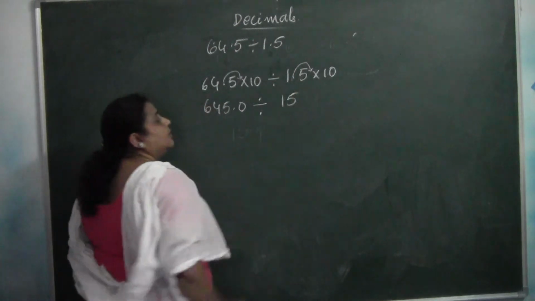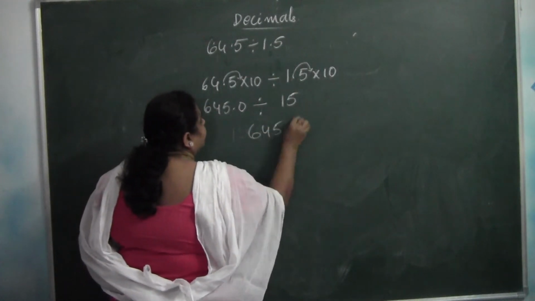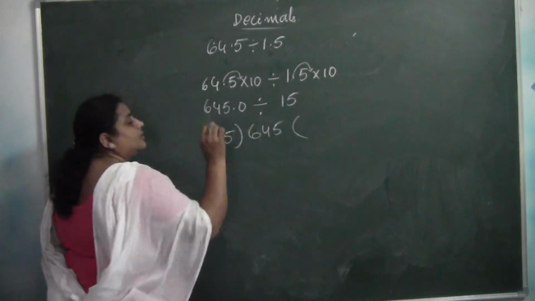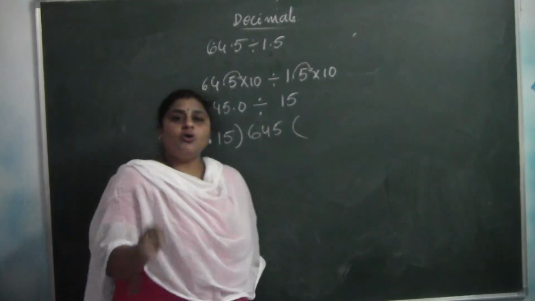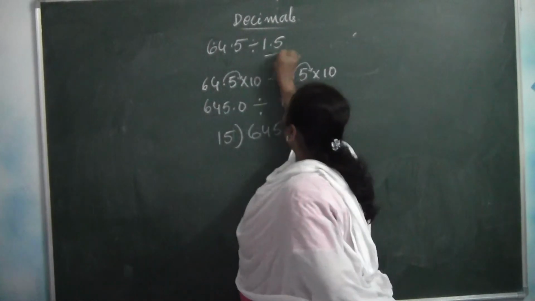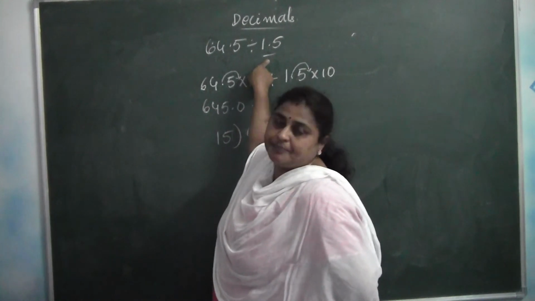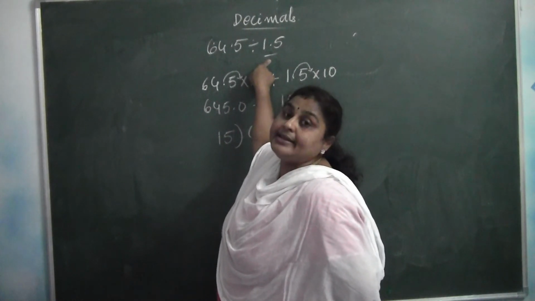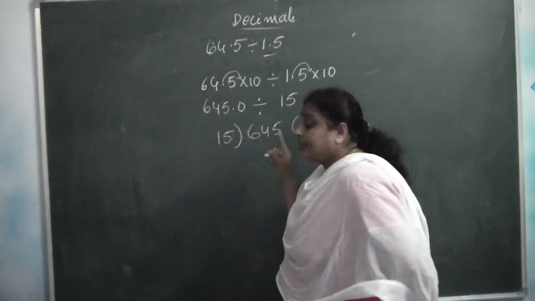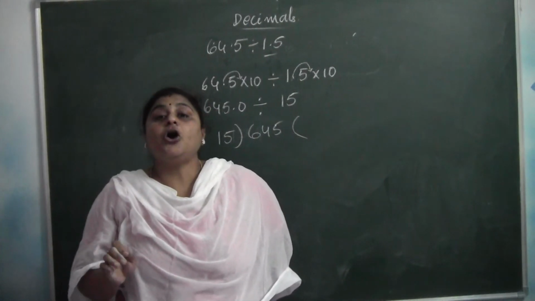That is 15. Now you are dividing 645 with 15. That's it. So only one step you are going to include it. What is that? You are removing the decimal in the divisor. You are removing a decimal in the divisor by multiplying either with 10, 100 or 1000.